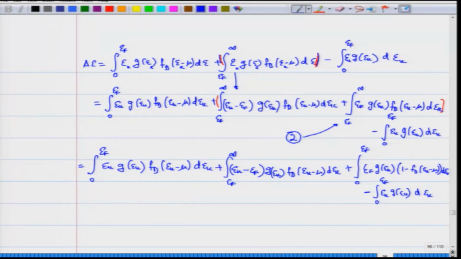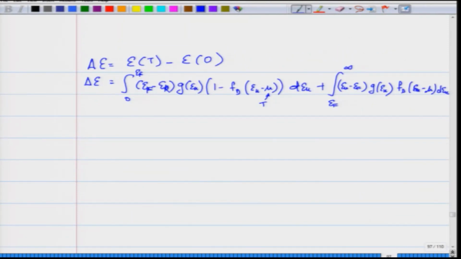This is the only odd one out because this is EF to infinity, rest of all of them have got converted to 0 to EF. So, by substituting this one here, you get this term now. Now, you will have to regroup terms. You can see that these two are similar. When you take these two terms together, you will have a 1 minus F_D, which you will have to combine with this. This is EF.